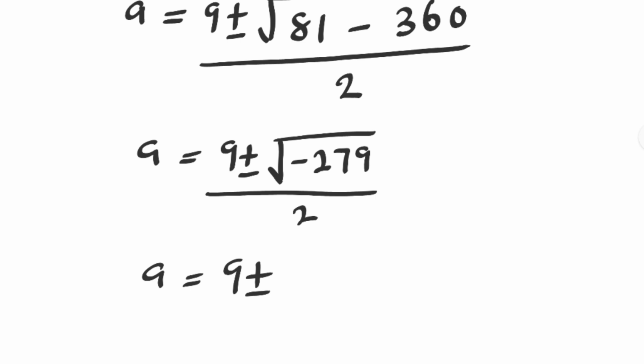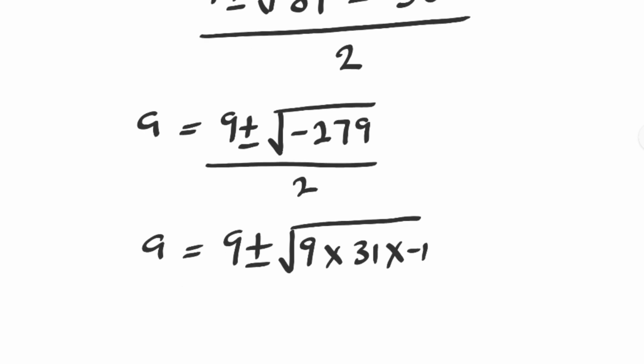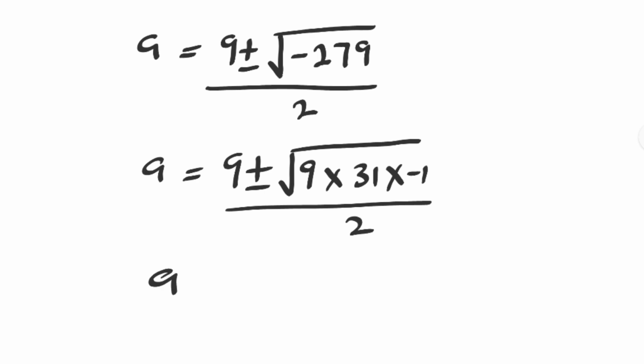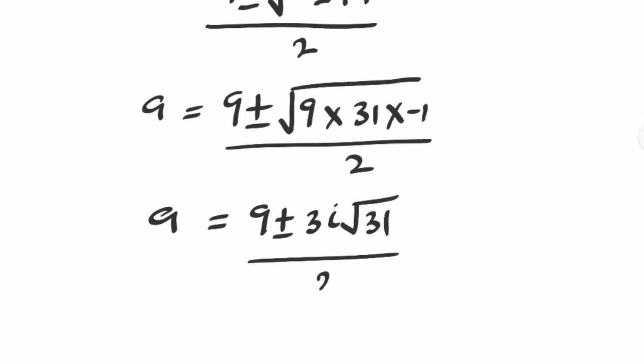Square root of minus 279 can be written as square root of 9 multiplied by 31 multiplied by minus 1, over 2. A is equal to 9 plus or minus square root of 9 is 3, square root of minus 1 is i, root 31 over 2.